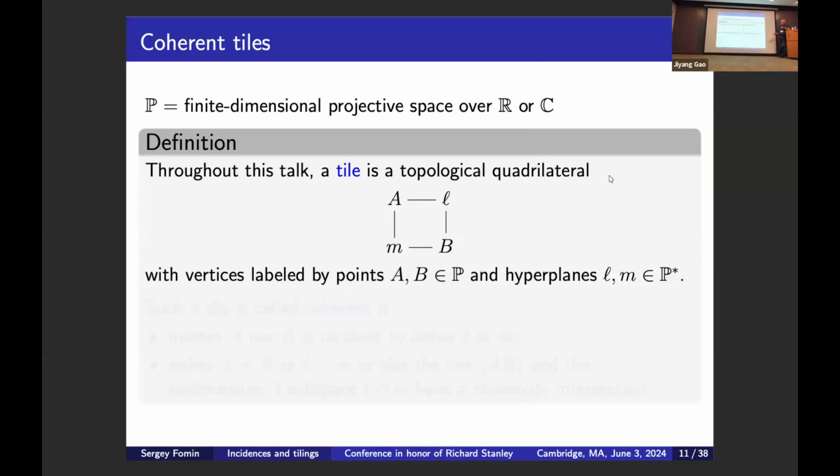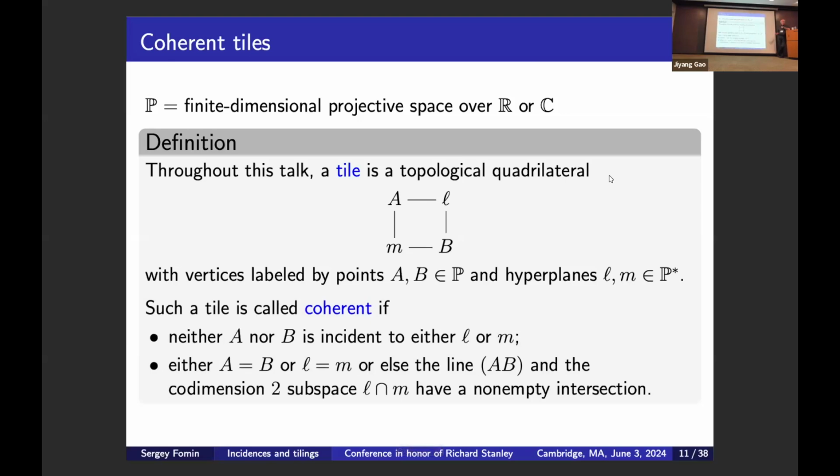So A and B here are points, L and M are hyperplanes in the projective space. And we call such a tile coherent if the following incidence condition is satisfied. Well, first of all, I want to dispense with some special cases. I don't want any of these 2 points to lie on any of these 2 hyperplanes.